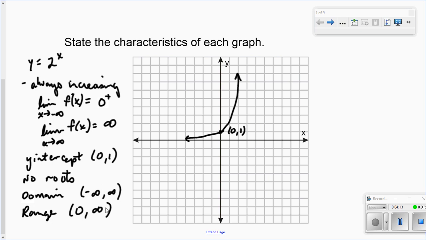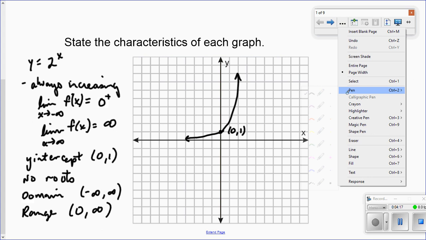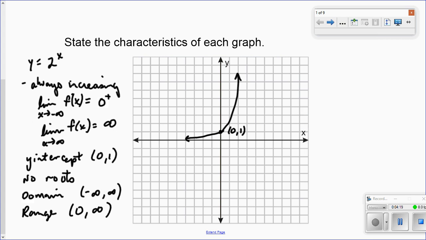Okay, my next curve, I'm going to change to red, and that's the function. It's kind of a bad diagram here, but basically it's an inverse function of my original exponential function.